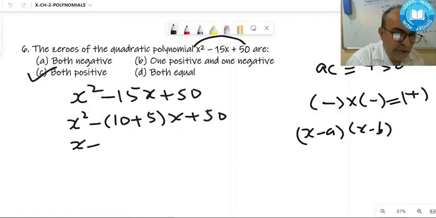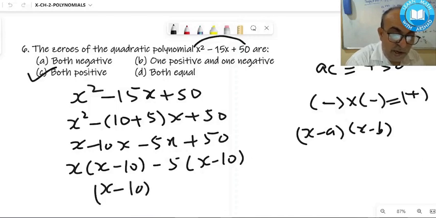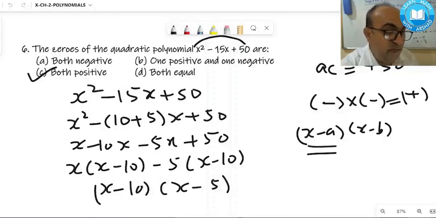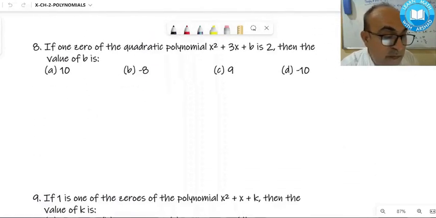Both numbers are negative. X is common, so x minus 10, and minus 5 is common, so x minus 10, and it is x minus 10 where I told x minus a, and the second factor is x minus b. Here both values of x will be positive if you equate with 0. That's why I wrote that answer, plus.